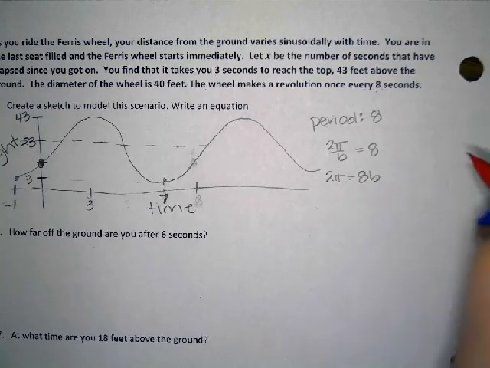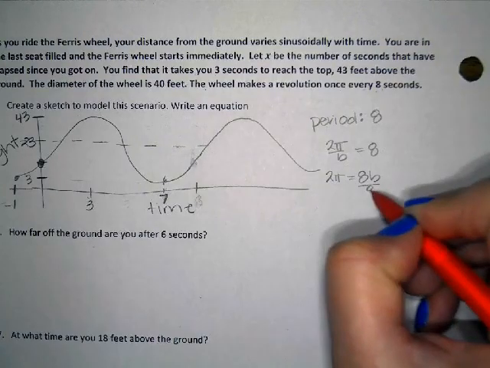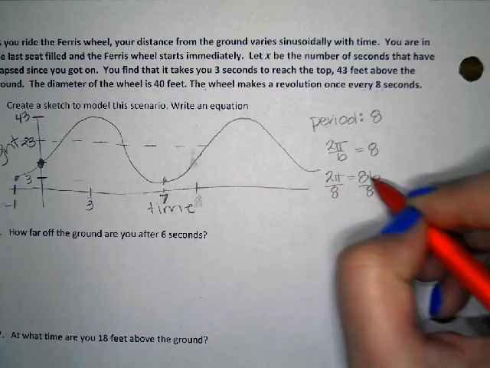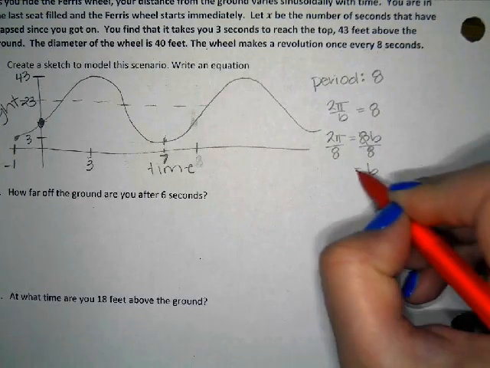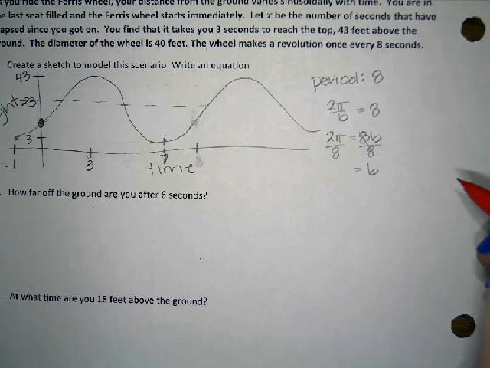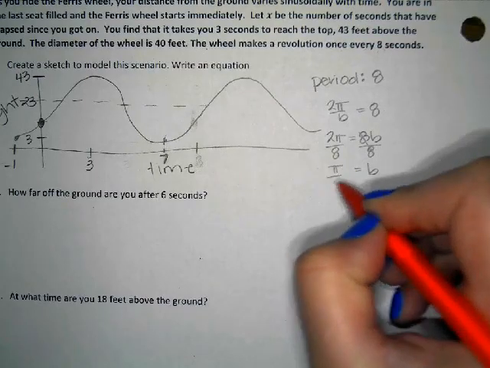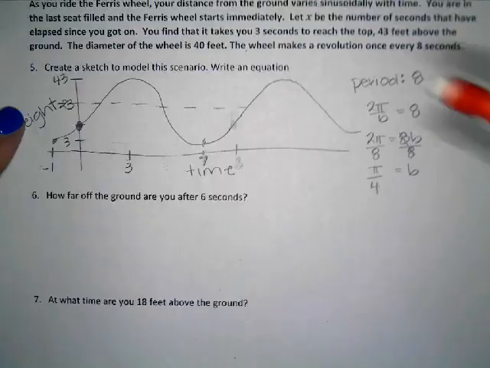Divide by 8. And so b equals pi over 4. Okay, so we have our b value.